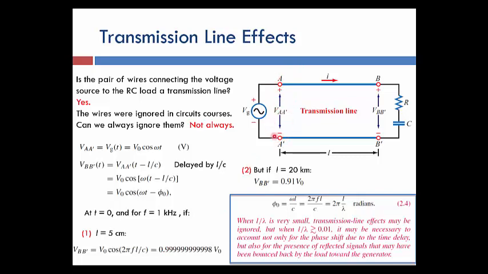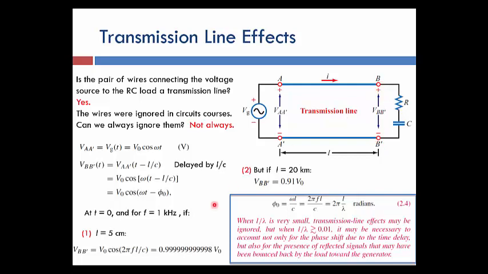So we could consider the voltage to be constant, and the effect of the length of this transmission line is ignored. The time for the signal to travel from A to A dash to B to B dash is very short, so it could be ignored, and there is no delay between applying the voltage across this point and its appearance across this point.